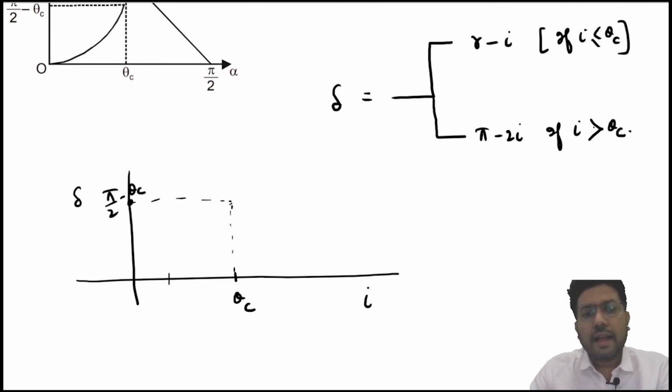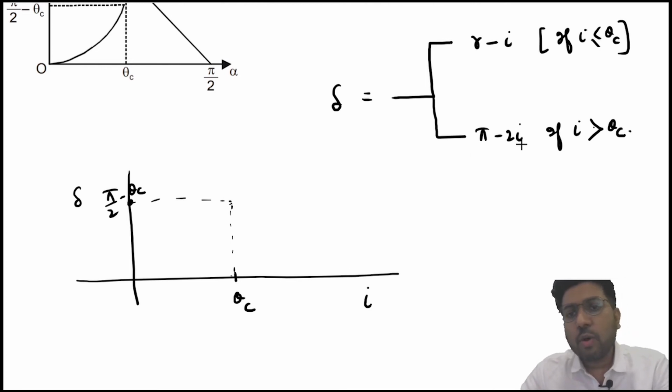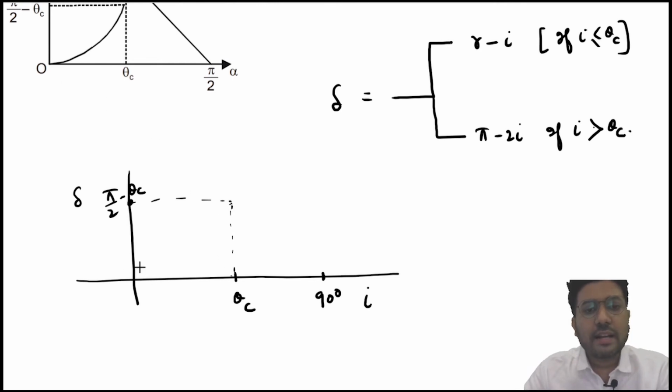Then after theta c there is reflection. Now for reflection, this curve is linear with I, and it will go up to I equal to 90 degrees. So I'll draw here I is equal to 90 degrees. If I draw the curve, it goes from here to here.